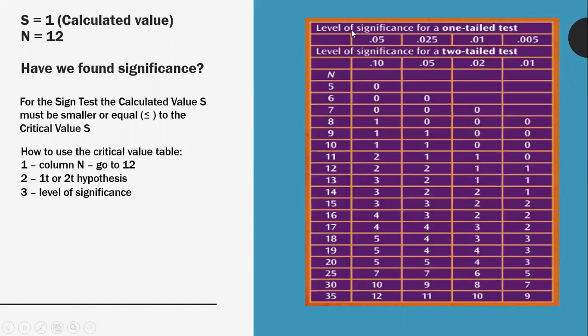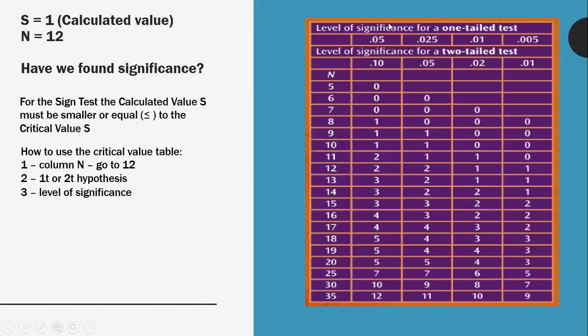Can you see why it's important to get the right type of hypothesis? Because if we used this wrongly and used the two-tailed test, can you see that the column, which we're going to use for the 5%, is actually now 10%. So therefore we would get the wrong critical value. So we need now to be in the 5% column.